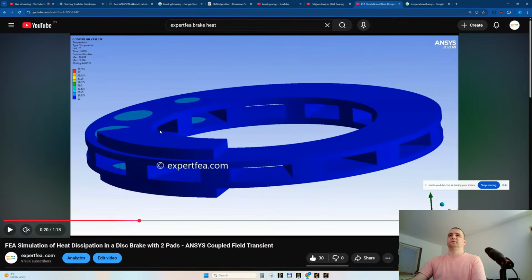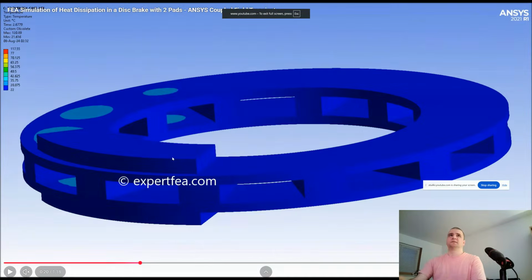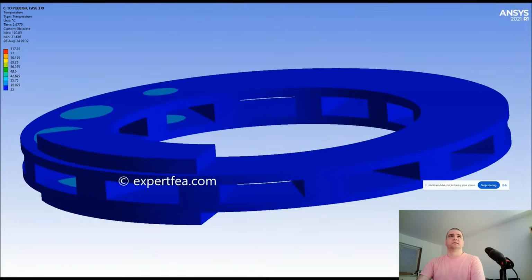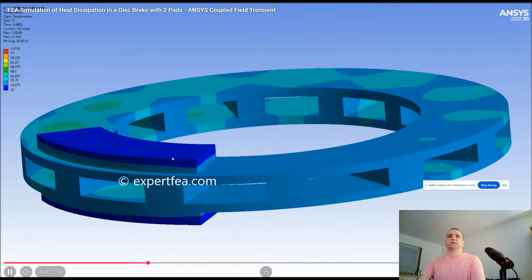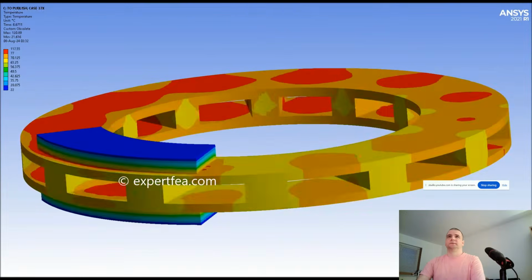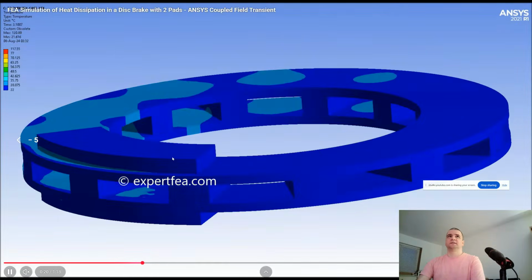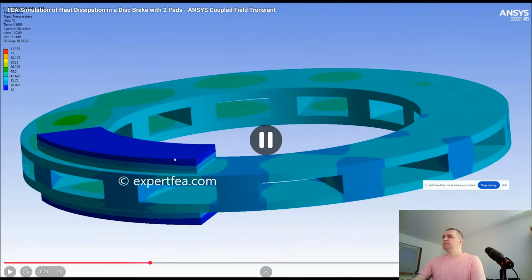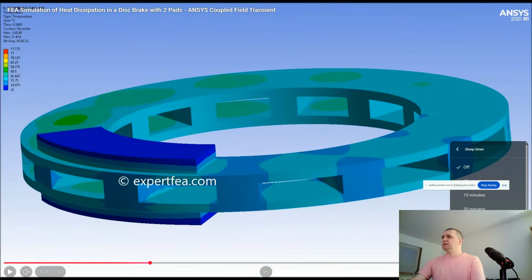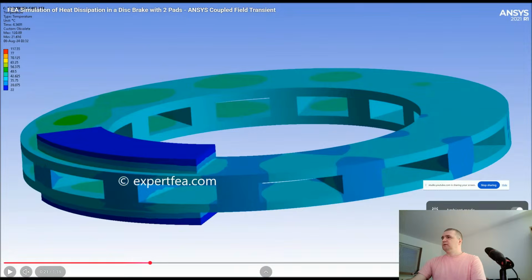I need to make it full screen because it's so nice. And I worked so much on this. So much I worked. Oh my God. Yeah, let's do it again. Maybe even play it slower.